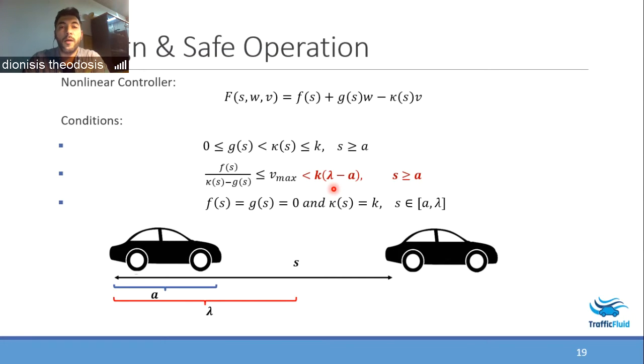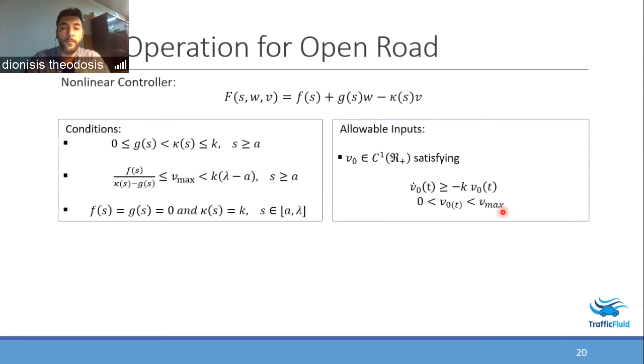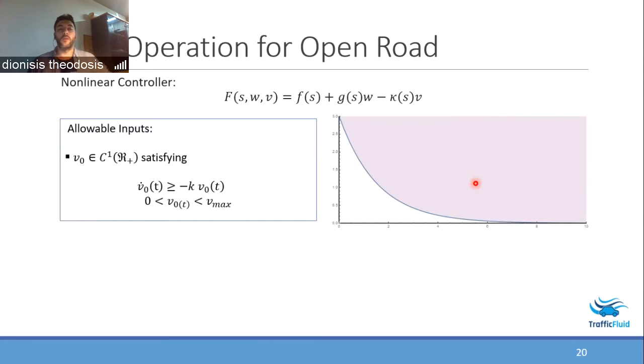Of course, this is a very general expression, but we also want to have some discussion on the allowable inputs, meaning what movements the leading vehicle can have. Here the leading vehicle should satisfy this inequality. But what does this inequality mean?